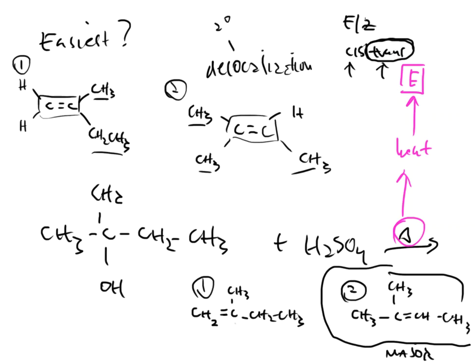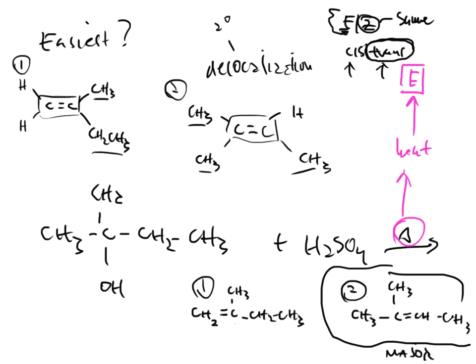The Z groups are on the same side. Be Russian for a minute. So there's the Z. That is also the same side. So that Z is the same side, which means that E is going to be more stable.